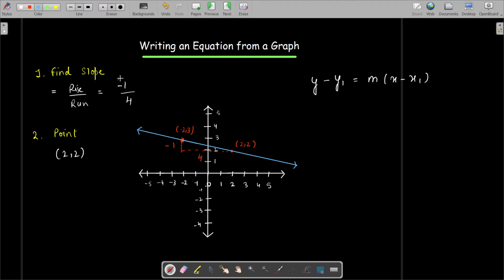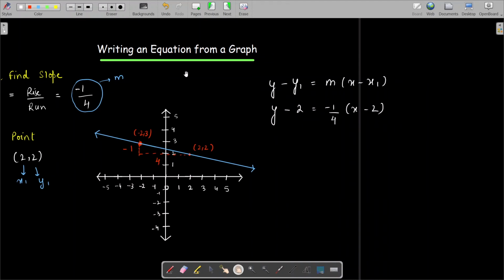So m is this, and your x1 is this, y1 is this. Let's substitute these values in the formula. So we get y minus 2 equals -1 over 4 times x minus 2. This is the equation of the line in point slope form for the given graph.